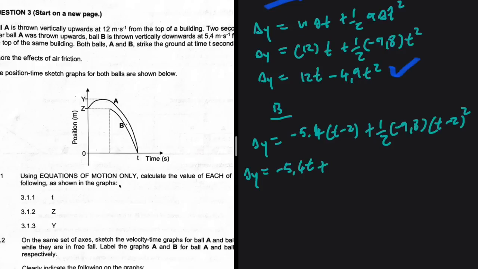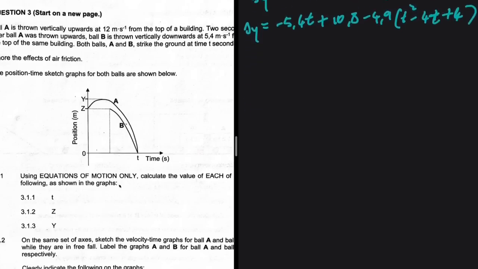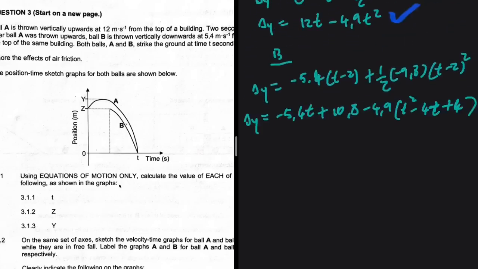Let me just verify, because in the exam you will substitute 2 multiplied by 2 in the calculator because you don't want to make any mistake. So this is 10.8 and then minus 4.9 and then we have t minus 2 squared, right? So that is going to be t squared minus 4t plus 4. If you don't see why that is the way it is, you probably got the question wrong either way.